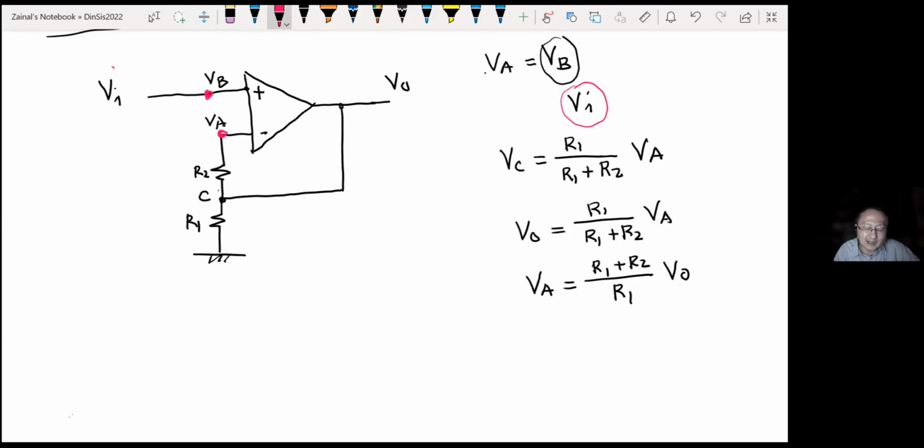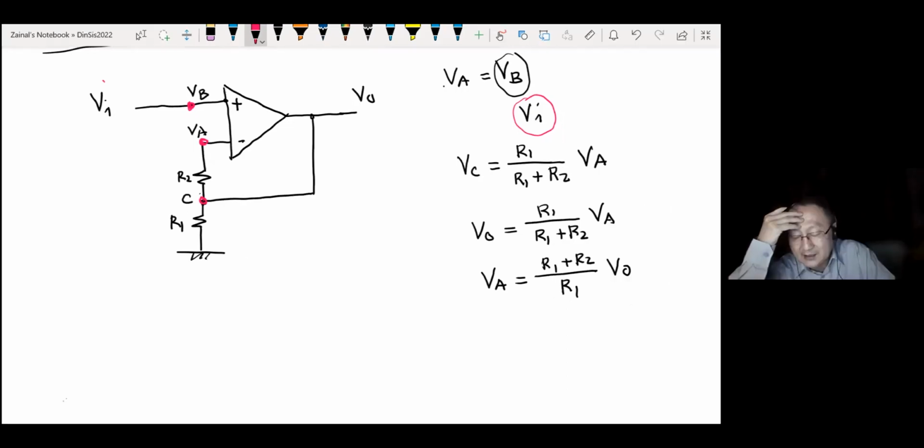What is VA? We know that VC is equal to R1 divided by R1 plus R2 multiplied by VA. Therefore, because this one is connected to VO, VC is equal to VO times R1 divided by R1 plus R2 multiplied by VA.